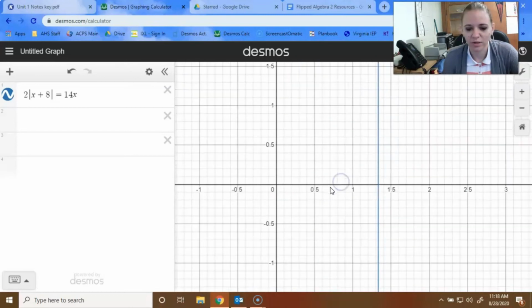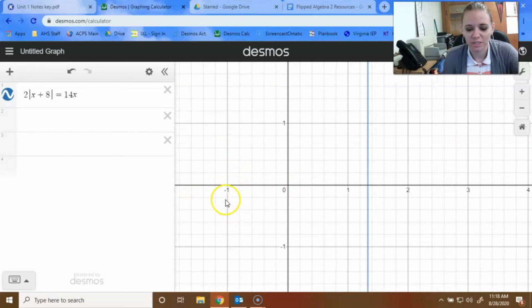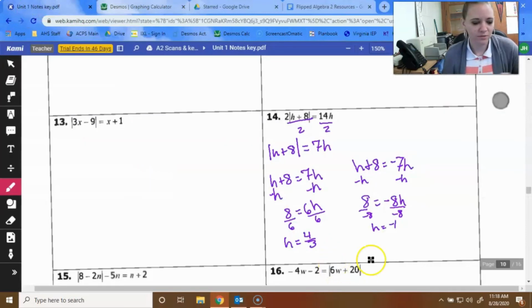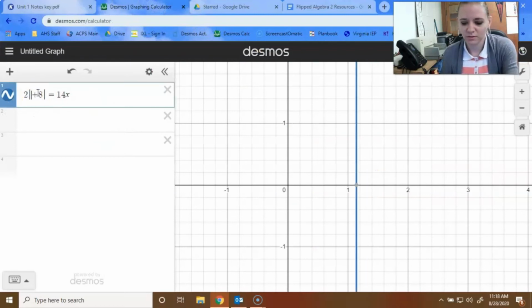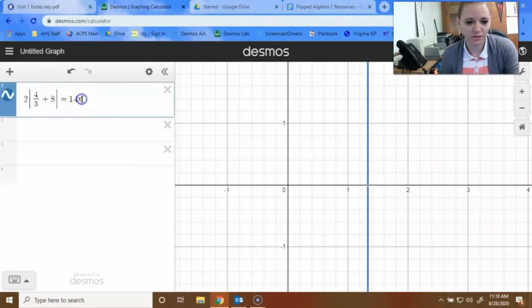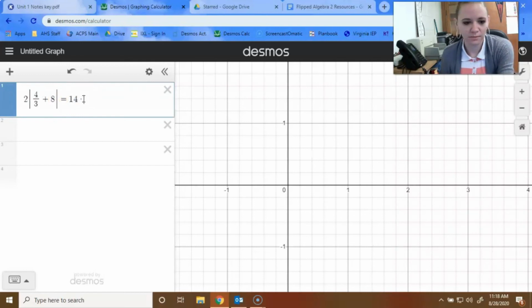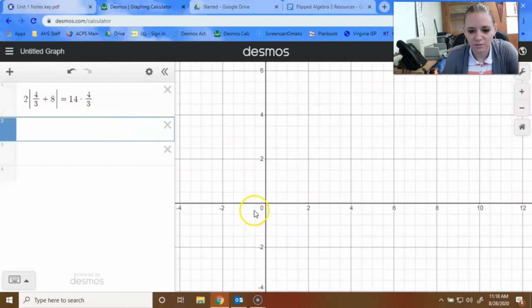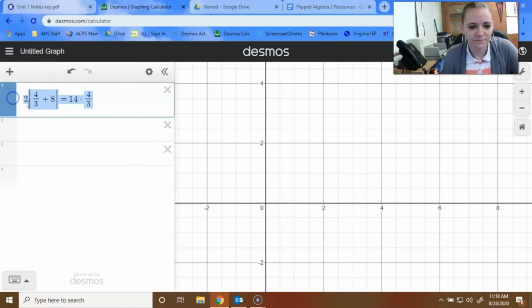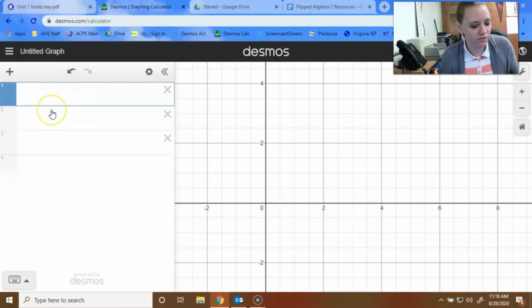Notice how negative 1, however, does not show up as an answer. That means it's an extraneous solution, so it doesn't work when you plug it in. To see what I mean, I'm just going to put in 4/3 here, 4/3 there, and 4/3 there. But I guess Desmos doesn't really show that. Well, I guess you'd really just have to do this in the regular calculator.